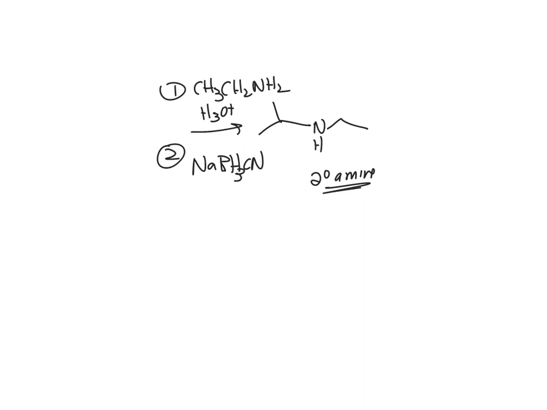And you also had this on your open response. This is reductive amination, folks. So you need to know reductive amination needs the amine, which is coming from here, a little bit of acid catalyst, and then this is a ketone. Okay, so that's the thing.